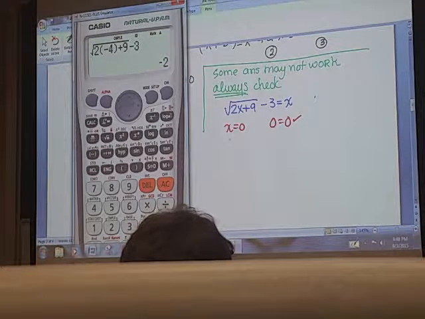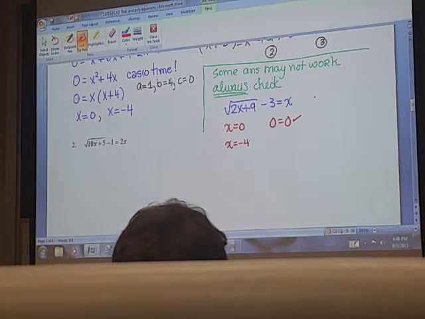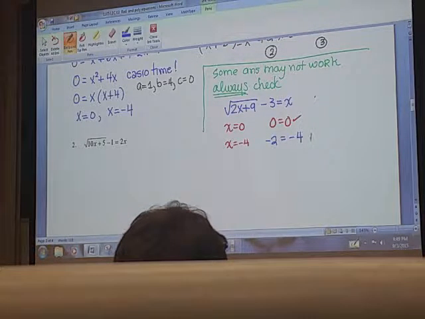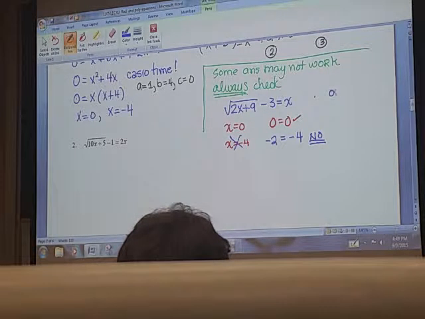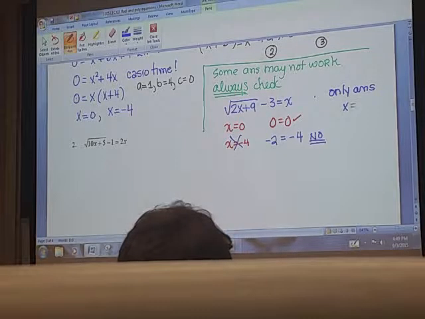So when I check x equals negative 4, I'm going to get negative 2 equals negative 4, which means no. So my only answer is x equals 0.